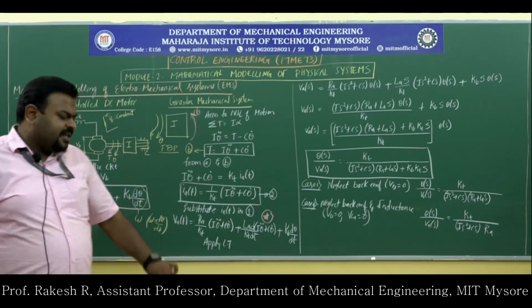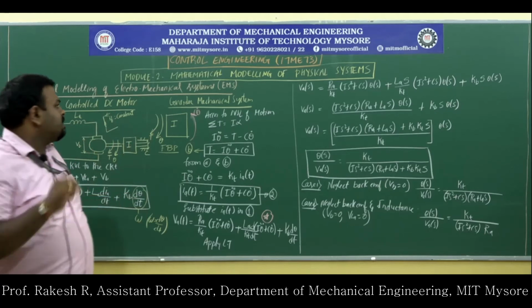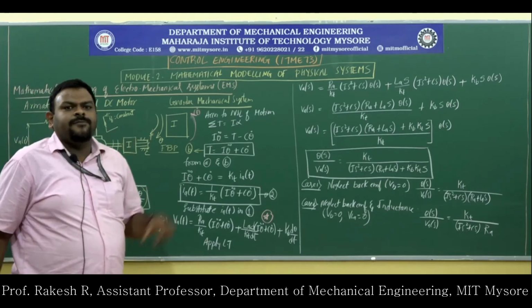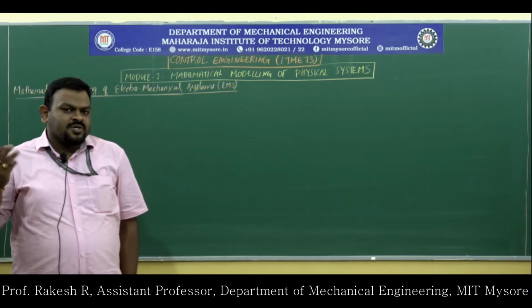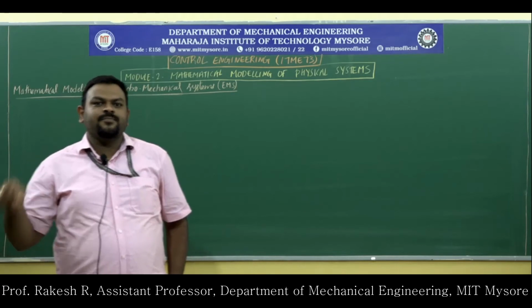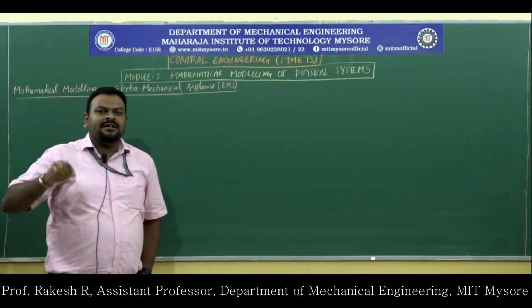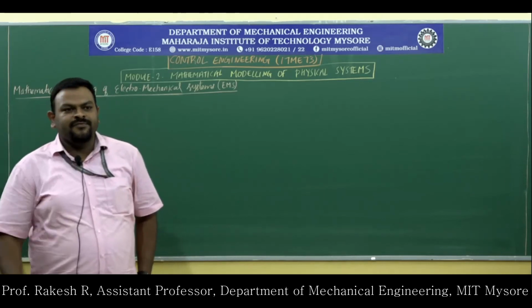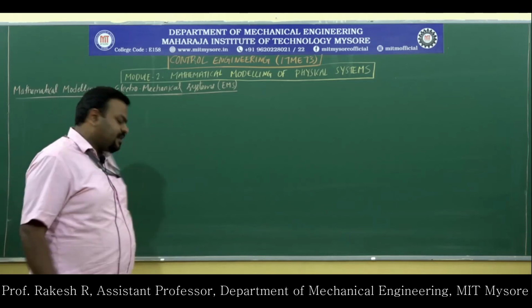Similarly, we need to derive an expression for field controlled DC motor. Let us see what is the concept of field controlled DC motor. So in the previous session, we discussed armature controlled DC motor. Let us derive an expression for field controlled DC motor. Before that, let us recall the definition of field controlled DC motor.